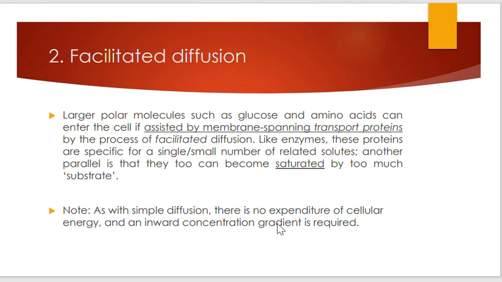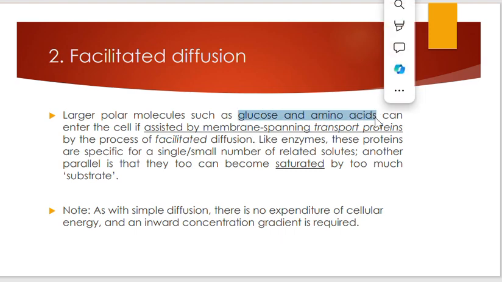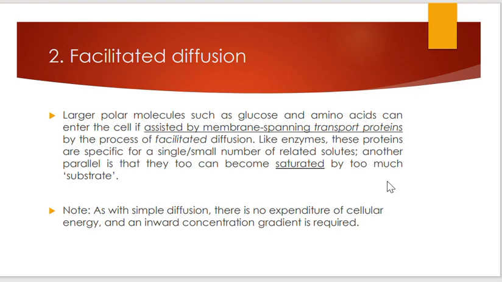And then we have another method where nutrients get inside the cell membrane, which is called facilitated diffusion. So in facilitated diffusion, larger molecules such as glucose as well as amino acids can enter the cell if they are assisted by membrane spanning transport proteins. Okay? So by the process of facilitated diffusion.